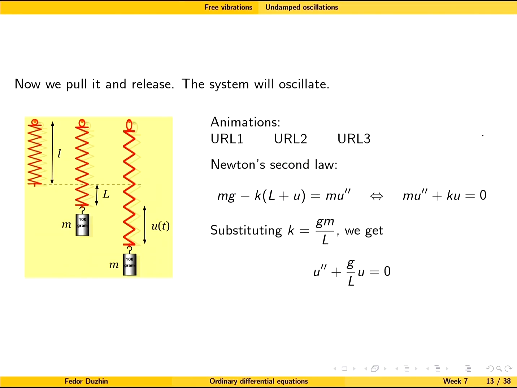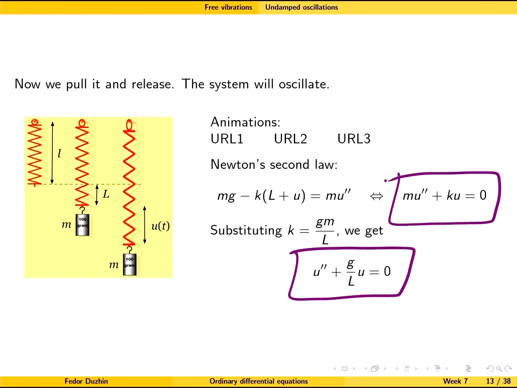Well, but then when we expand it and simplify, we are going to get this equation, this or this. Both equations can be applied to model oscillation of a spring-mass system.